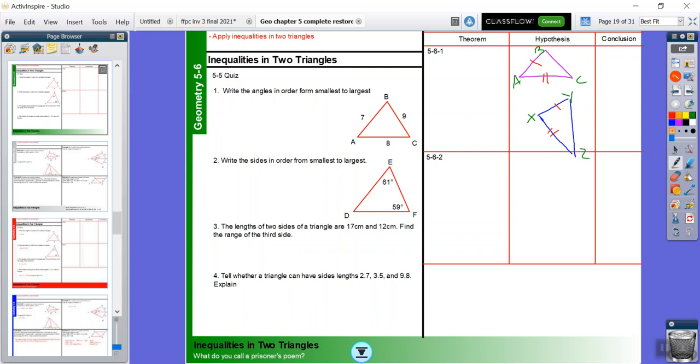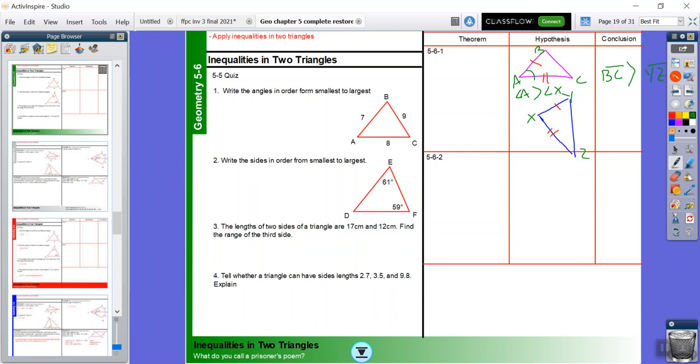Here's the thing. If we have two congruent side lengths, and I know that angle A is greater than angle X, then my conclusion is going to be that BC has to be greater than YZ.